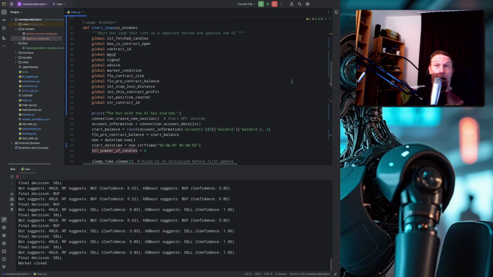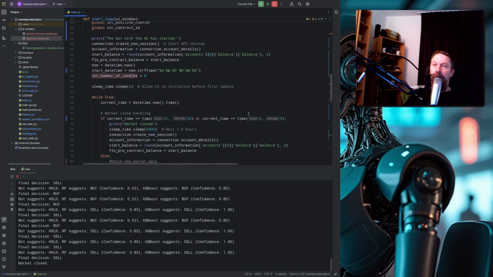But I'm going to make some minor changes in the code because of two things. One of those is that I saw that the closing time for market close is 21:50, and that should be 22:50, now that we in Europe are also up to summertime, so I need to shift one hour again.